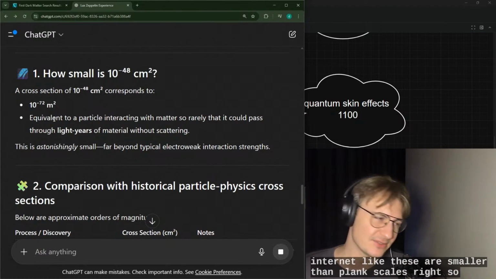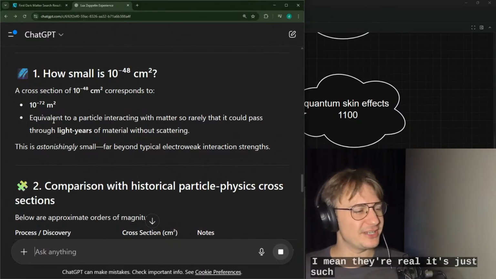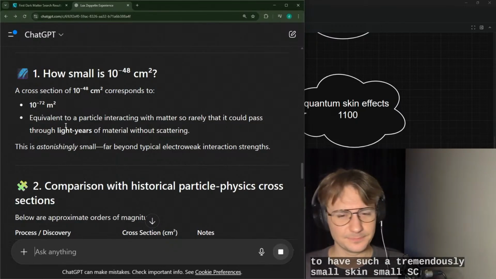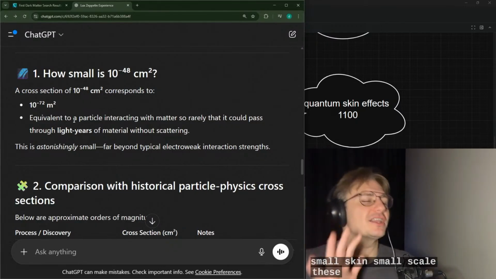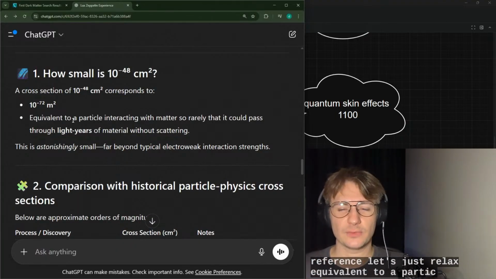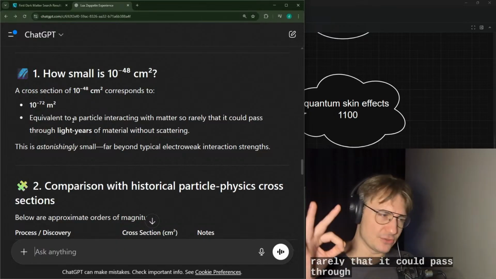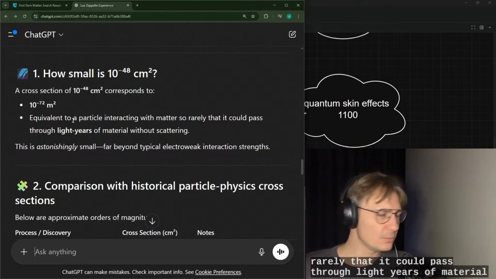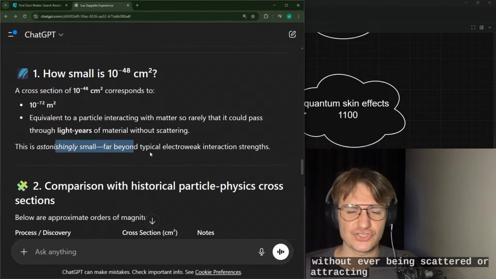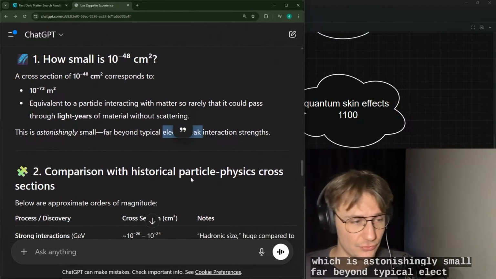It's such a strange idea for things to have such a tremendously small scale. Equivalent to a particle interacting with matter so rarely that it could pass through light years of material without ever being scattered or interacting, which is astonishingly small, far beyond typical electroweak interaction strengths.